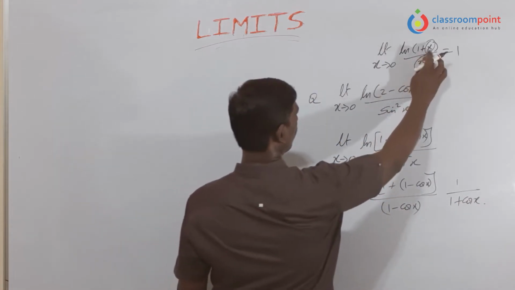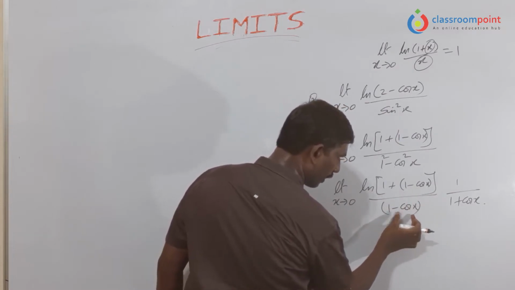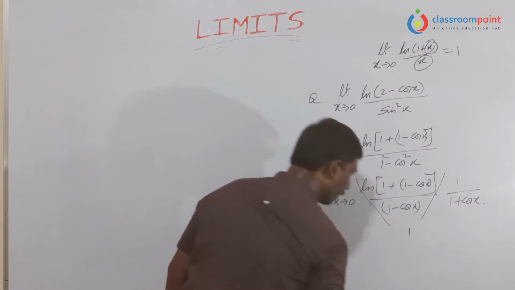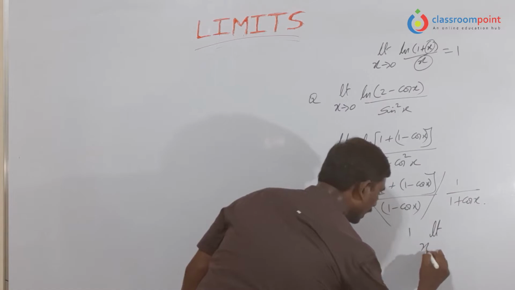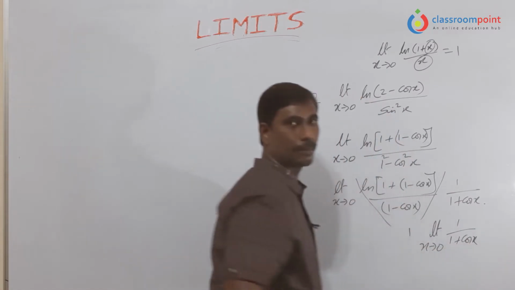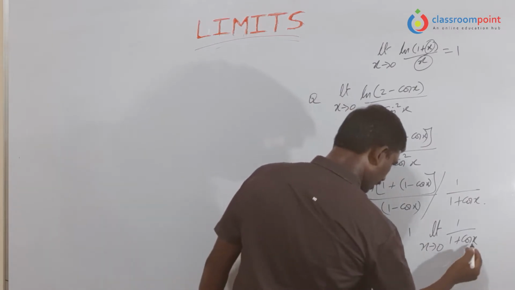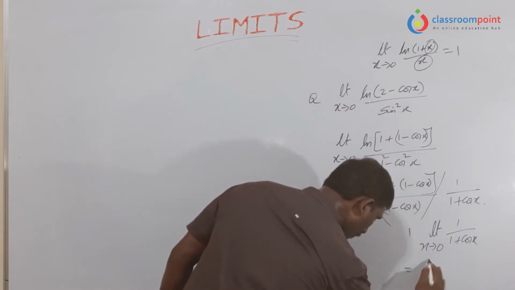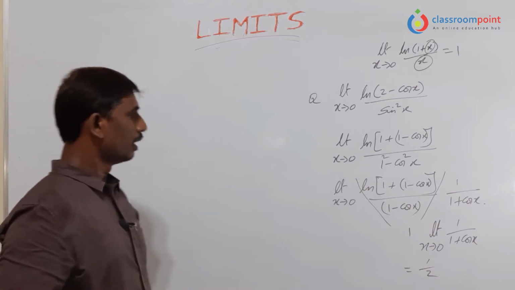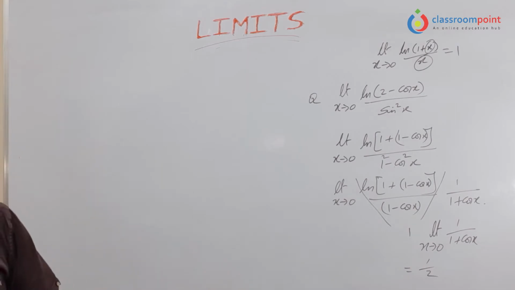Now see, in the place of x, we have 1 minus cos x. This is also 1 minus cos x. So this is totally considered as 1. Remaining limit x tends to 0, 1 by 1 plus cos x. Now what to do here? Simple thing. In the place of x, apply 0. It is cos 0. Cos 0 is 1. 1 plus 1, 1 by 2 it is. This is one of the examples, and one more example we'll take.